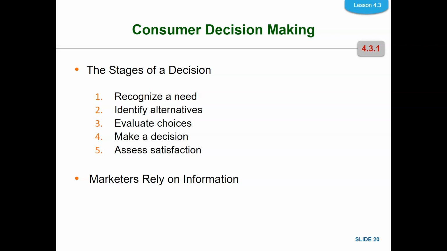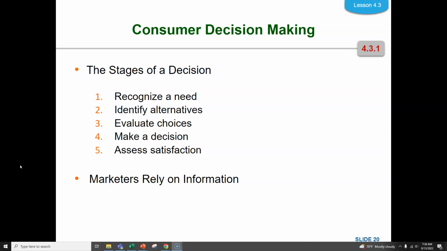And then part of this consumer decision making is marketers relying on information. So that is a section that starts on 106, goes into 107. The main concept of this section, marketers relying on information, they talk about how most people, when they think of marketers, they think about creativity, but what good is creativity if you don't know what your customer needs?